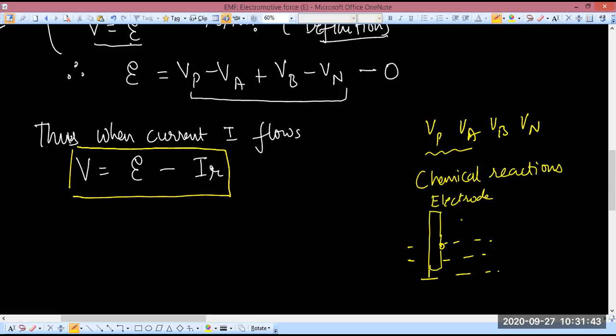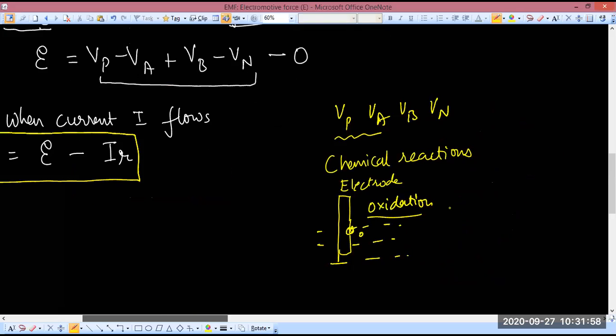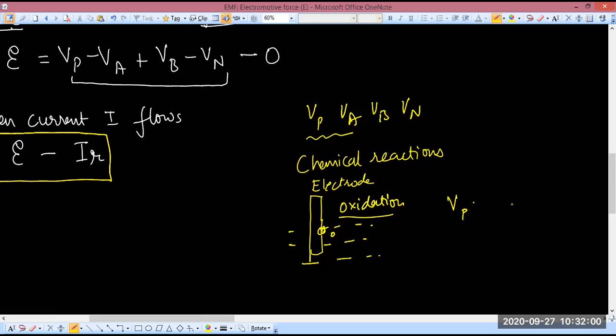I repeat, suppose here oxidation is occurring. That oxidation will cause a potential difference between the electrode and the solution. That potential difference is just Vp minus Va, and on the other side it is Vn minus Vb.